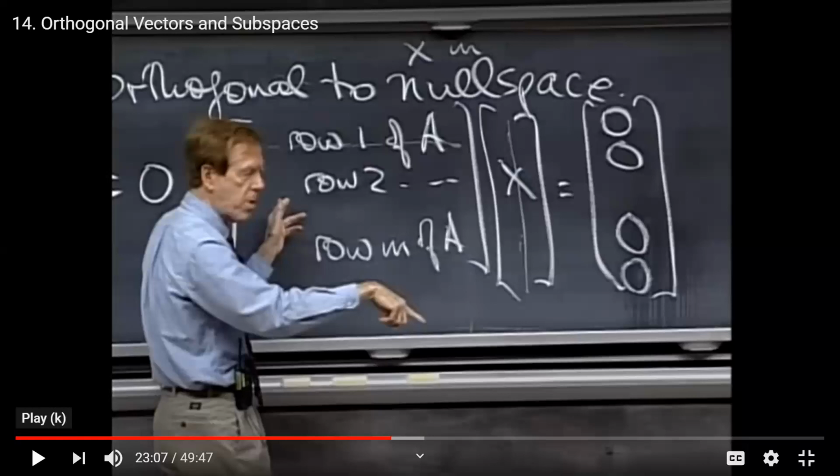So now we are claiming that the row space is orthogonal to the null space. When we say the row space is orthogonal to the null space, it means every vector in the row space is perpendicular to every vector in the null space. Now, what is a null space? We all know that the null space is all those vectors x which satisfy the equation of a matrix A times this vector x equal to 0.